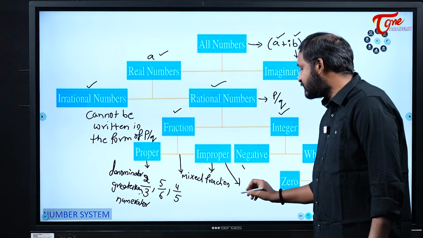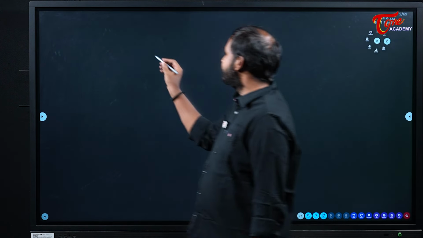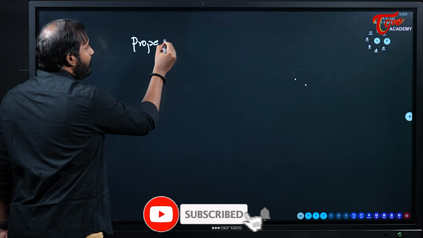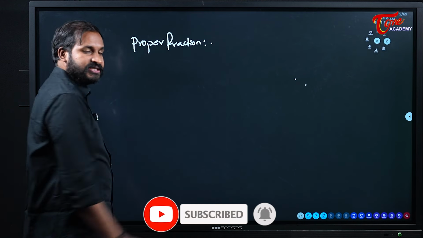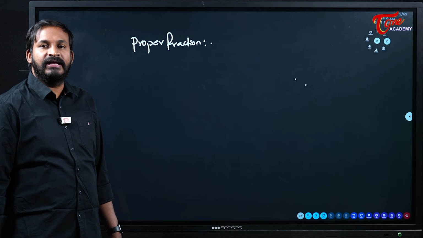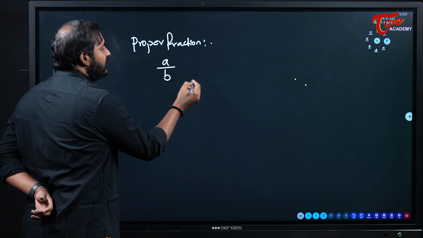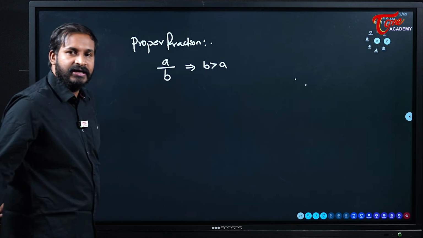I will add another slide to write all these things. Now, what is meant by proper fraction? In case of a proper fraction, our denominator will be greater than the numerator. That means if I write a by b, then b will be greater than a.